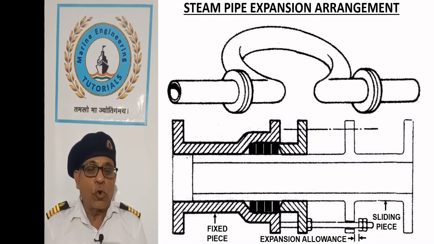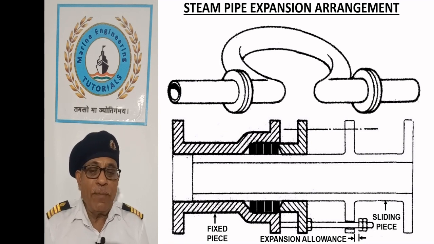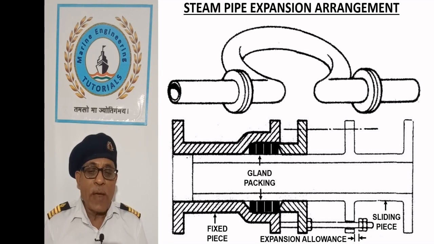Expansion allowance is shown as a gap between the loose nuts and the sliding piece flange. Gland packing prevents the leakage between fixed and sliding connection to the gland.